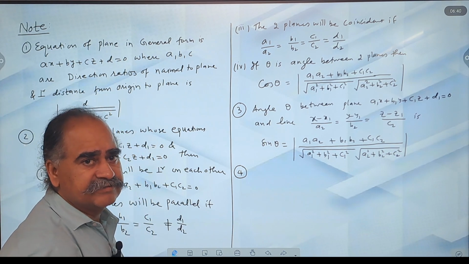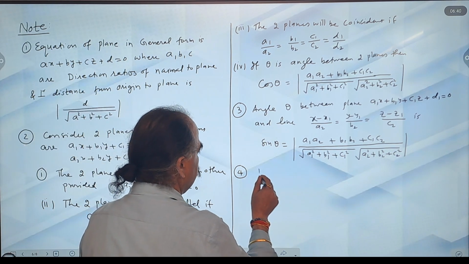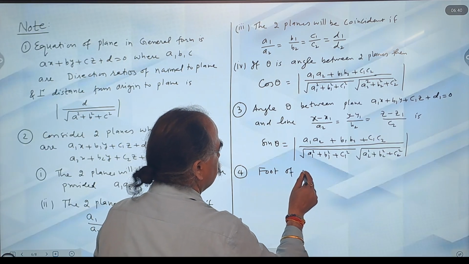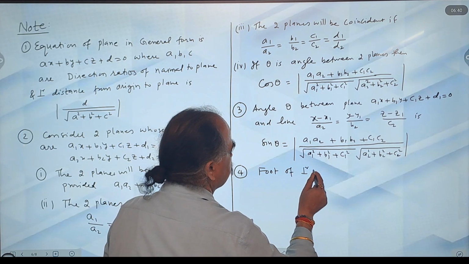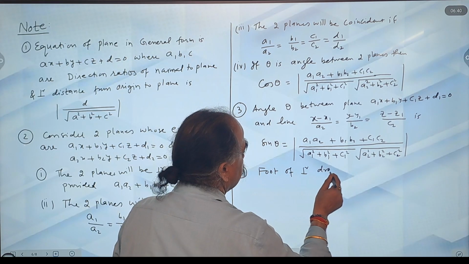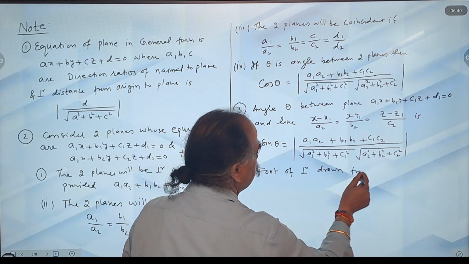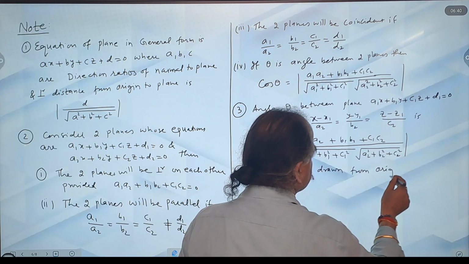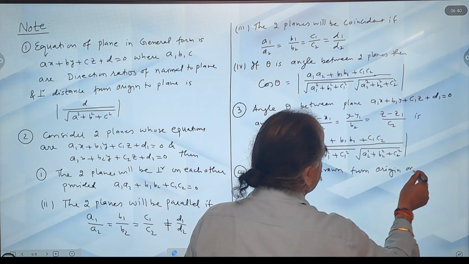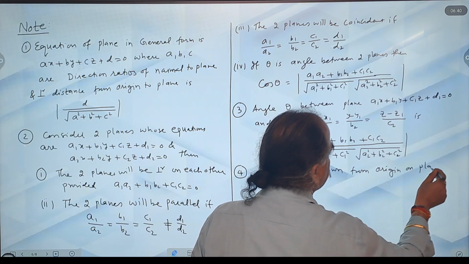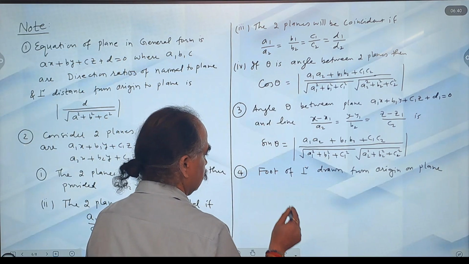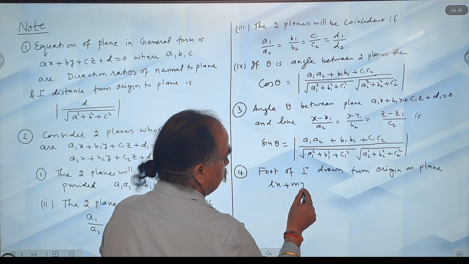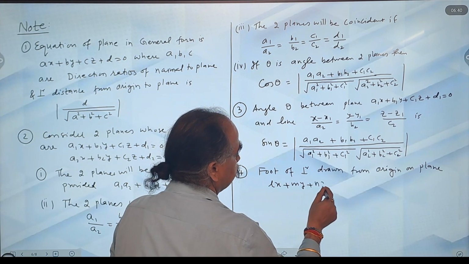Number fourth is foot of perpendicular drawn from origin on plane lx plus my plus nz equals p.